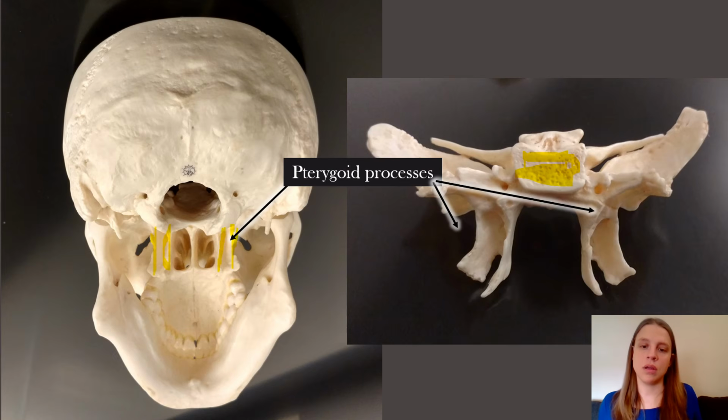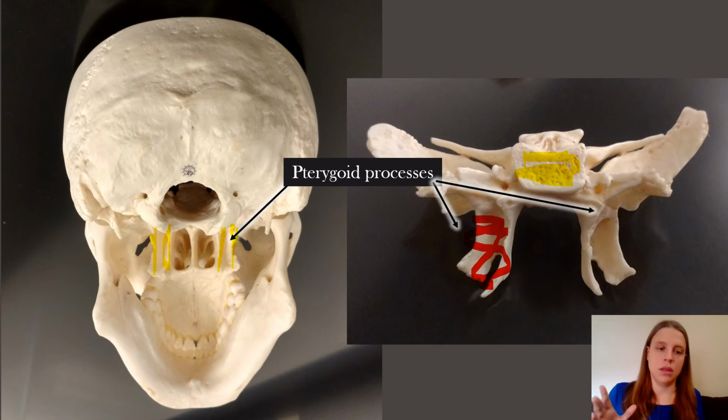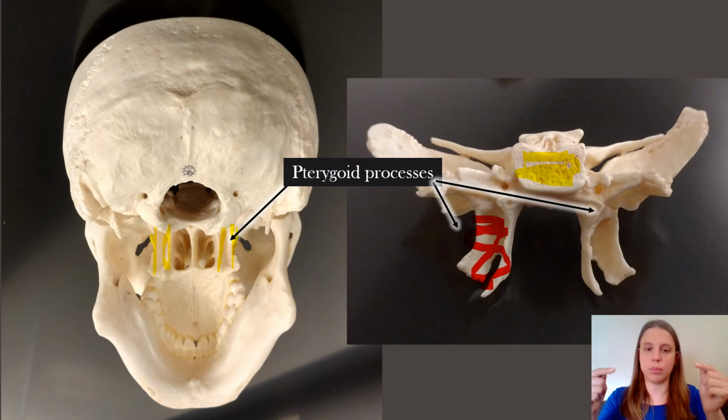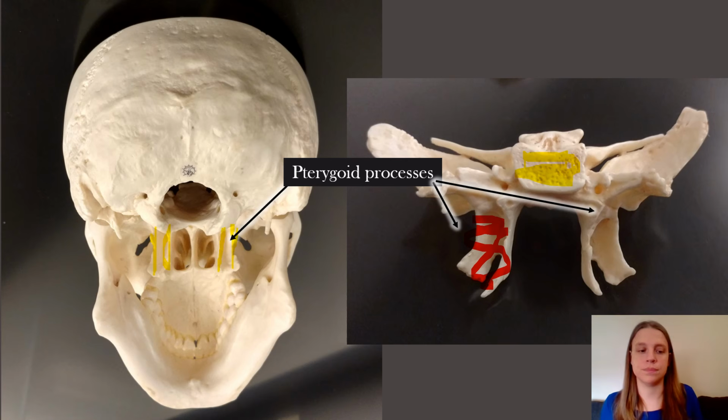Those feet are called the pterygoid processes. Just this whole region here are your pterygoid processes. And you can also see your pterygoid processes if you look underneath the skull, behind the roof of the mouth. The little things coming down on either side of your nasal cavity are the pterygoid processes of the sphenoid bone.